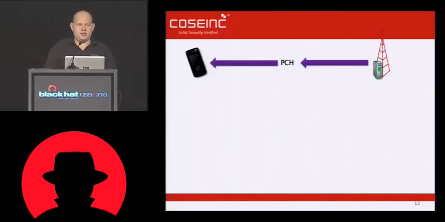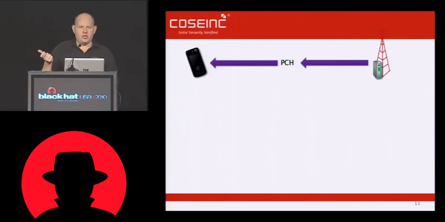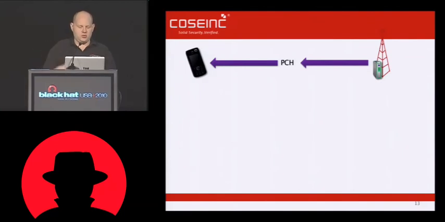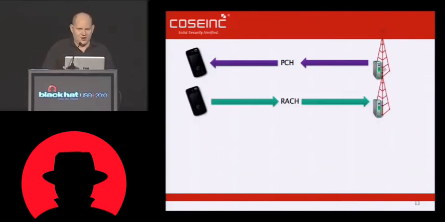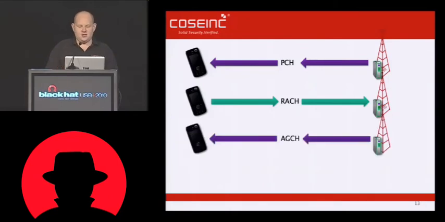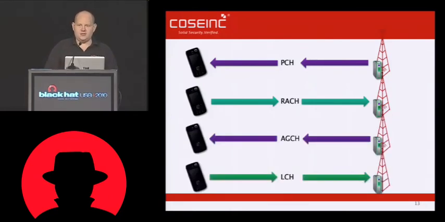These broadcasts are very simple. It's a 32-bit value, which is called the TMSI, the Temporary Mobile Subscriber Identifier. The tower sends that out, and the phone that has that TMSI will respond by sending an RACH. It gets back an AGCH, and then you've got an LCH.